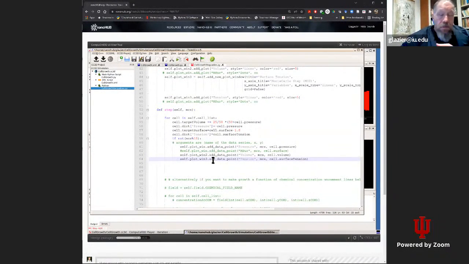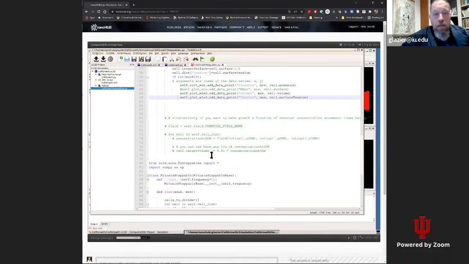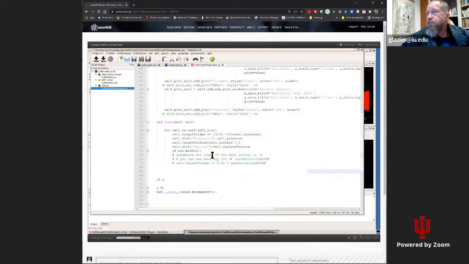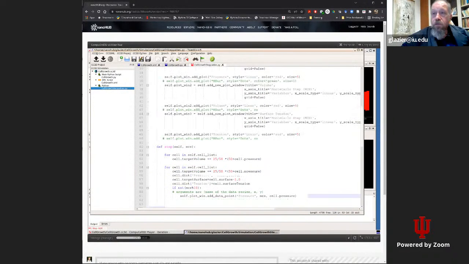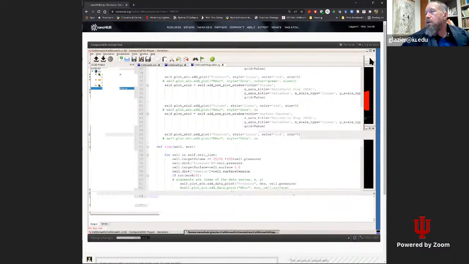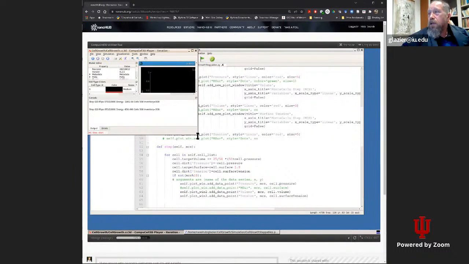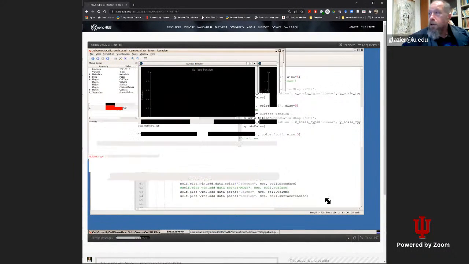Because the plots are what's slowing down the simulation, plotting that data. Any questions about that? Does that make sense so far? So I'm trying to do this first exercise. And who knows, I make all those changes, it may crash. I'm quite capable of writing buggy code, I promise.